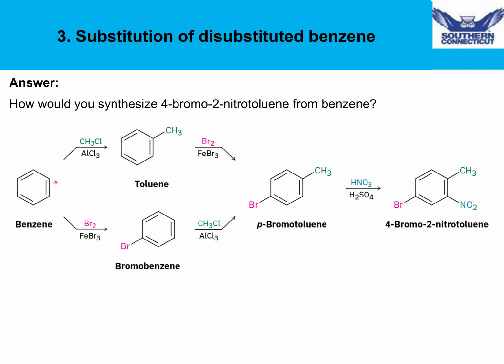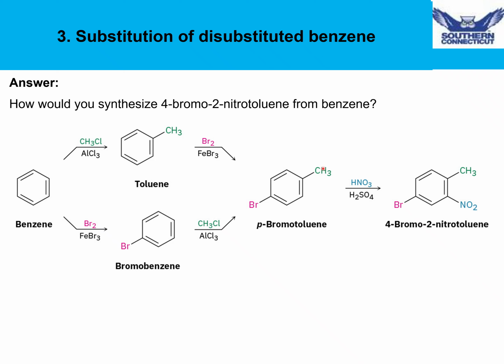If we try to do the alkylation first through a Friedel-Crafts alkylation, which involves methyl chloride and aluminum trichloride, we can make toluene, and then a bromination should add the bromine to either the ortho or para position, since the methyl group is an ortho-para director.